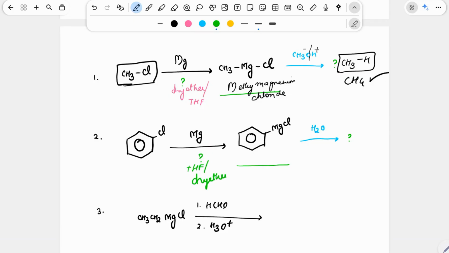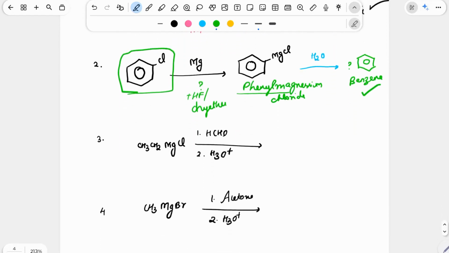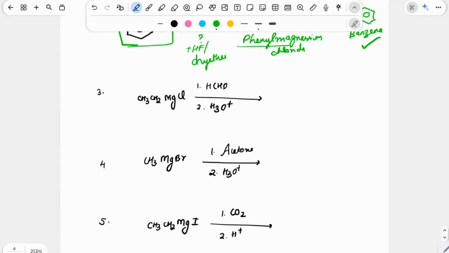Again tetrahydrofuran or dry ether we can use. I will get the Grignard reagent, that is phenyl magnesium chloride. On hydrolysis, what happened? It generally undergoes reaction with water and we will get benzene as the product. So the phenyl group is converted into benzene.